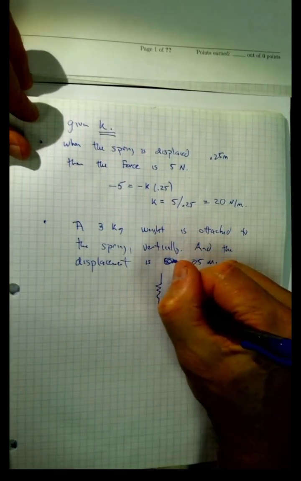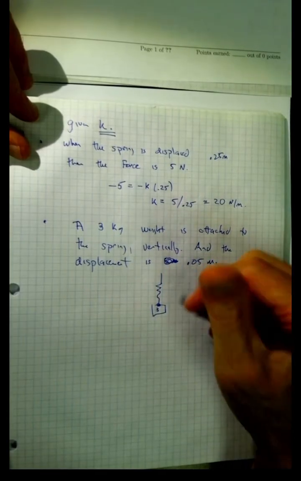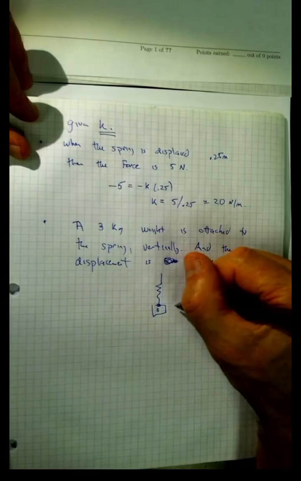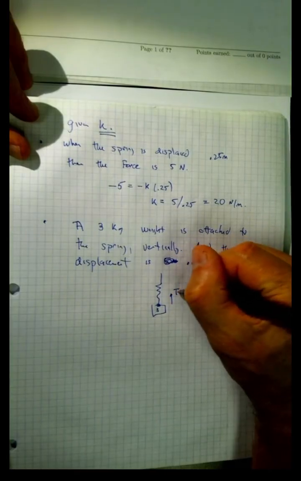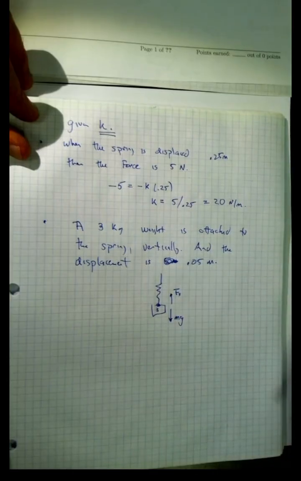So the idea is you've got your 3 kilogram mass, you attach it to the spring, there's some force due to the spring, and then there's some force due to gravity.